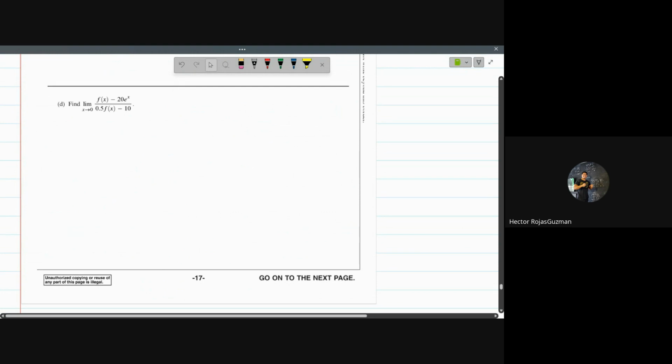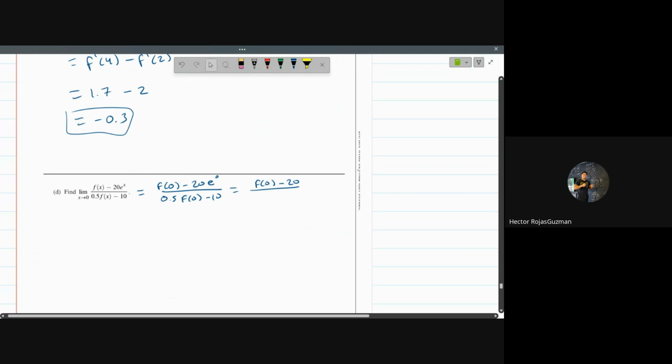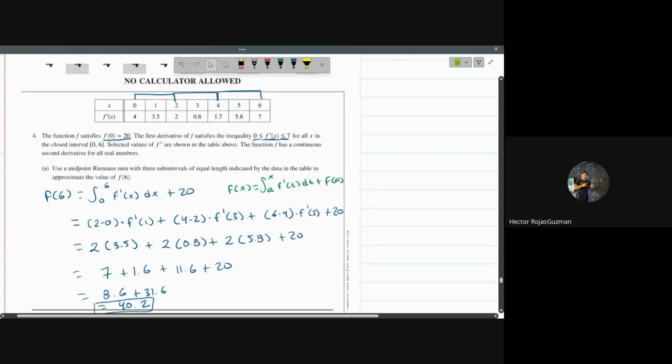Last question. Find the limit. I told you guys that if you want to find a limit, you basically plug in the value. But we have no idea what f of 0 is. Wait, maybe we do. Oh, we do.